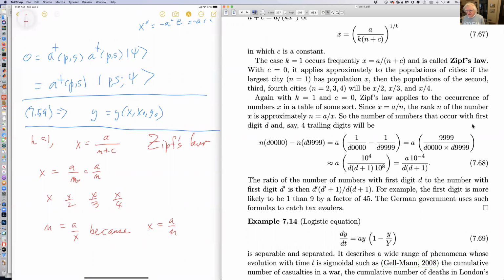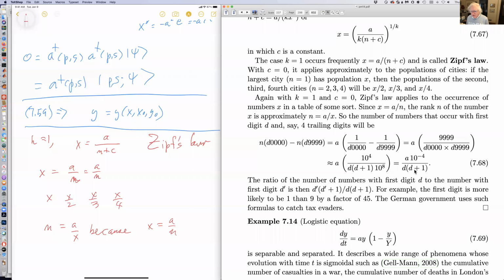and so the number of numbers that occur with first digit d and 4 trailing digits would be n d000 minus n d999, which is to say a over d000 minus 1 over d9999. Well, that's really a over that. And you rationalize it and you find out that it drops quadratically with d.